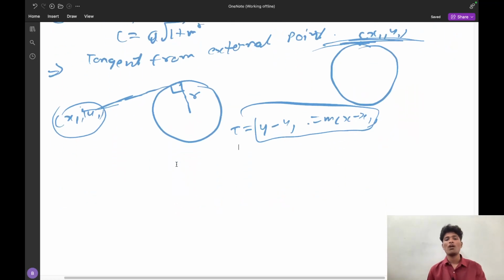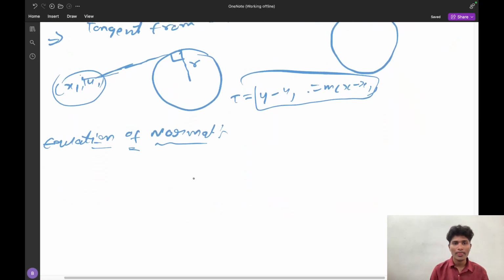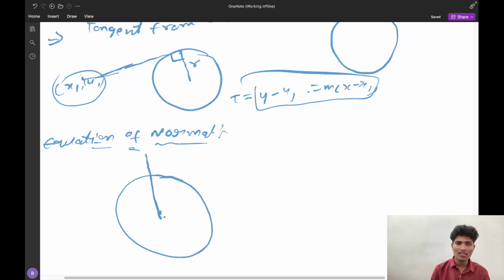Now comes the important discussion, that is equation of normal. What is equation of normal? The normal equation, in the case of circle, is very important. The normal is the line which is passing through the center. Simply, the line should be perpendicular to the tangent.